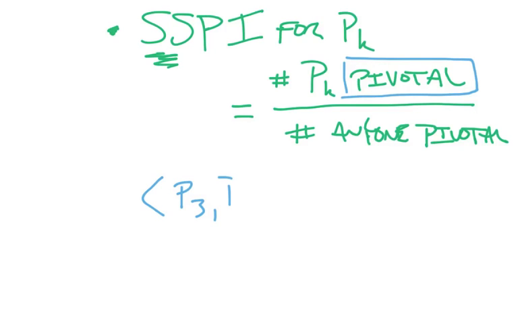Let's say we've got a coalition that looks like this. We identify pivotal players by underlining which player switches the coalition from a losing one to a winning one when they vote.